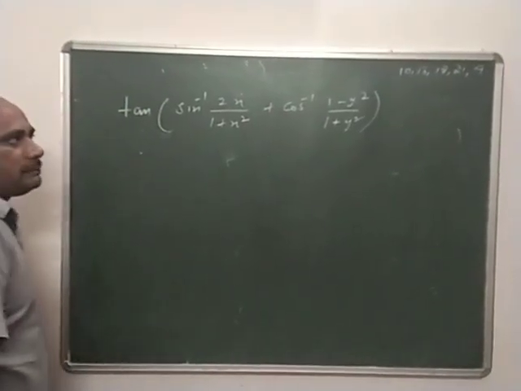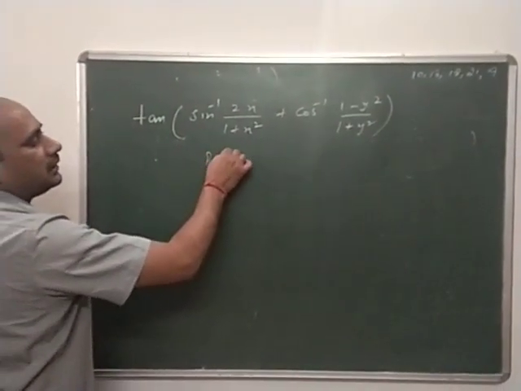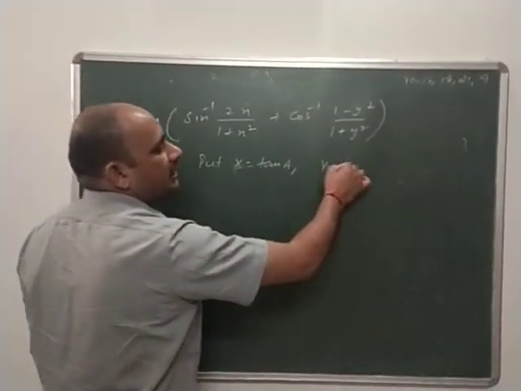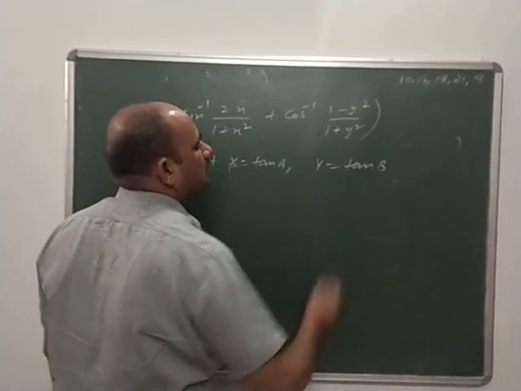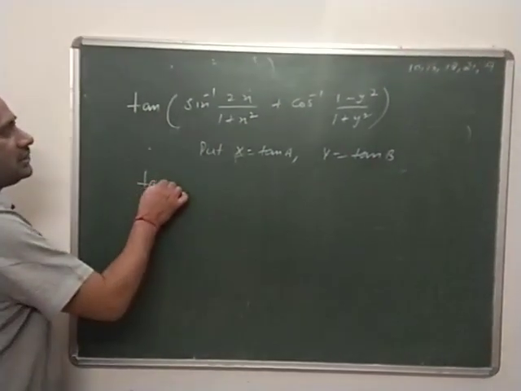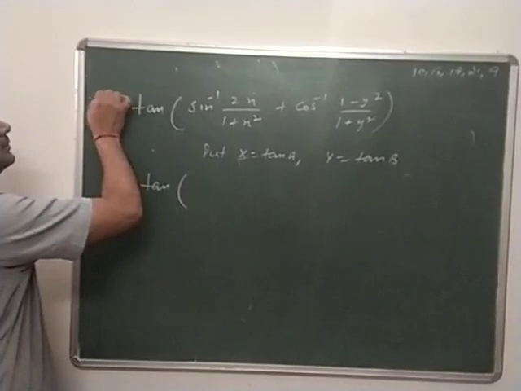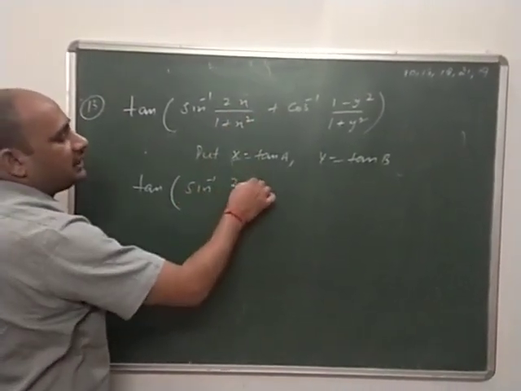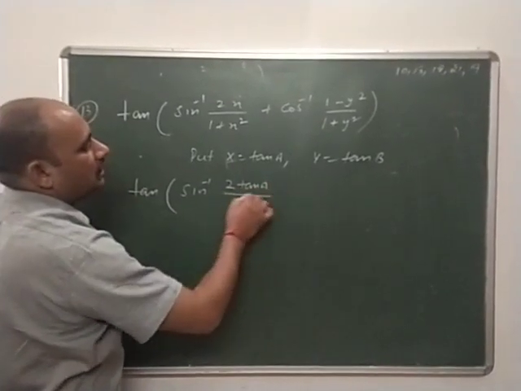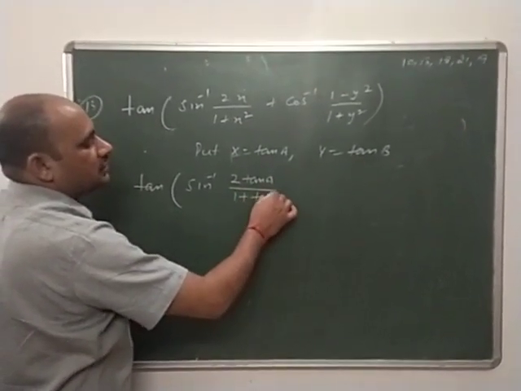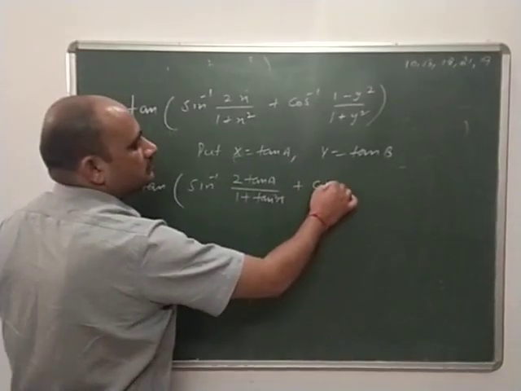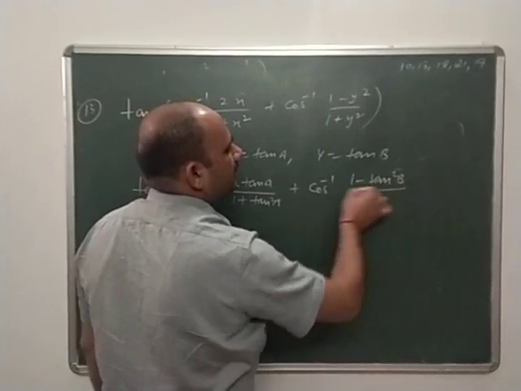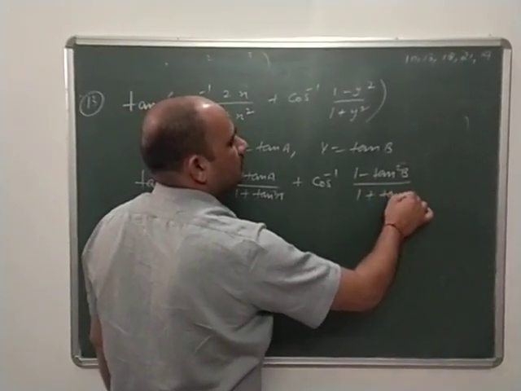So in this question, for the simplest form, you will put x as tan A and y as tan B. Now, question number 13: sine inverse 2 tan A upon 1 plus tan square A, plus cos inverse 1 minus tan square B upon 1 plus tan square B.